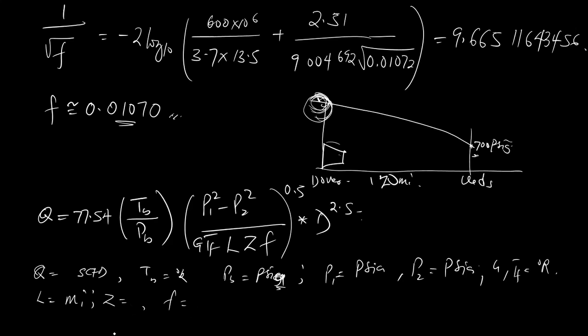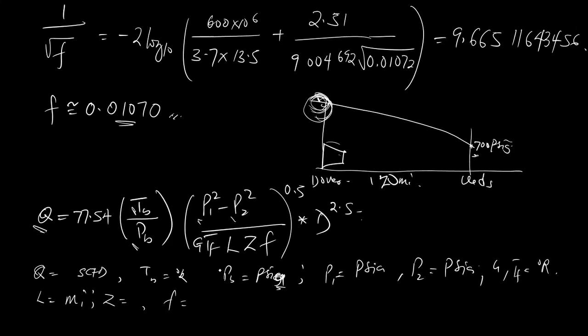Now, so we have somewhat roughly defined this. This is a volume flow rate in standard cubic feet per day. This is the base temperature in Rankine. This is the base pressure in PSIA. This is the upstream pressure in PSIA.